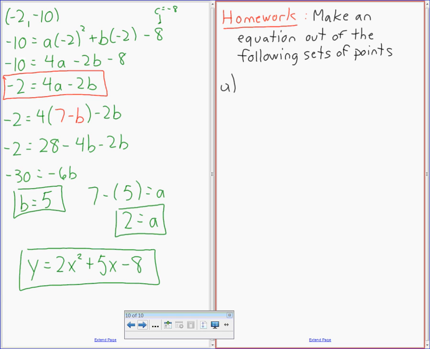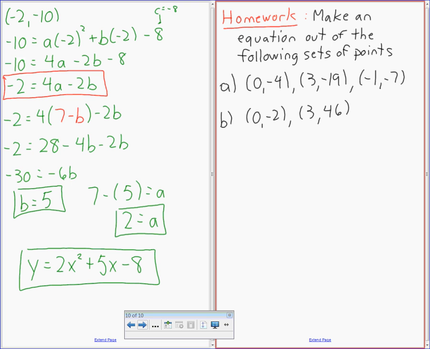Question A, the points are going to be (0, -4), (3, -19), and (-1, -7). For B, we're going to have (0, -2), (3, 46), and (-2, 16).